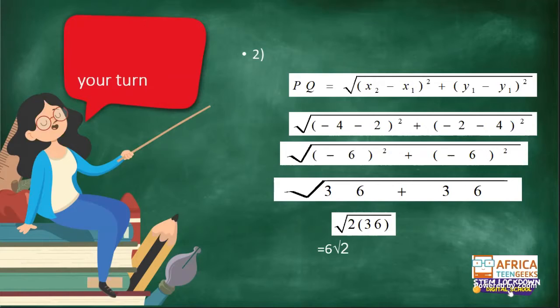Therefore, it's going to be the square root of (-4 - 2) squared plus (-2 - 4) squared. And it's going to be the square root of 72. Here, you're going to get 6 square root of 2. So that will be the length.